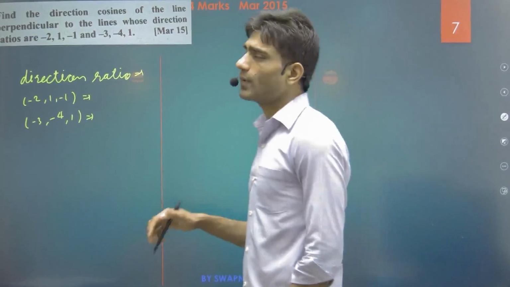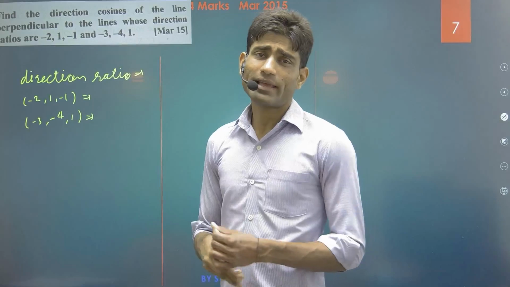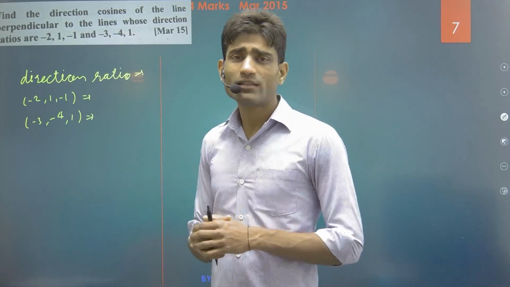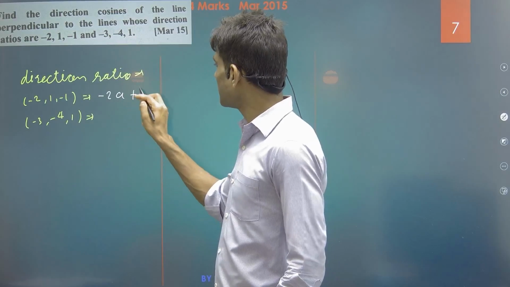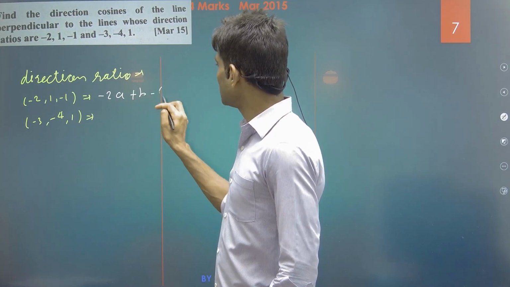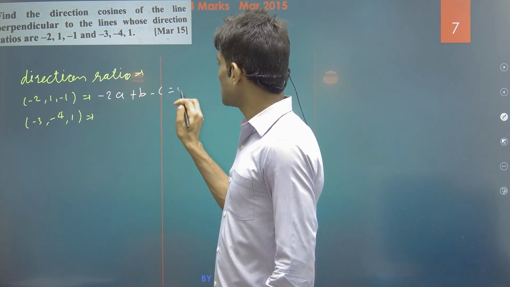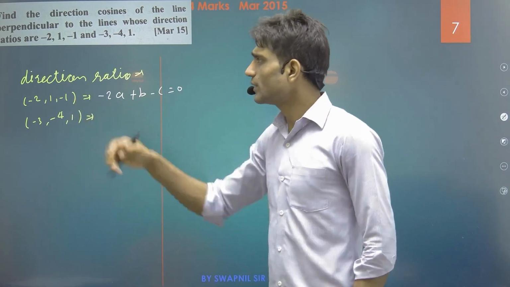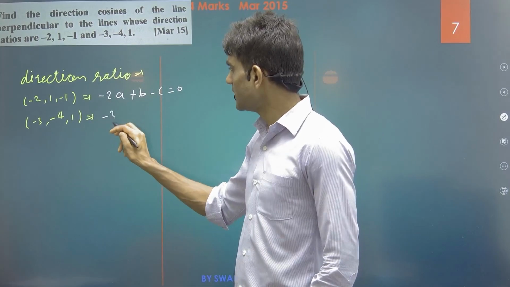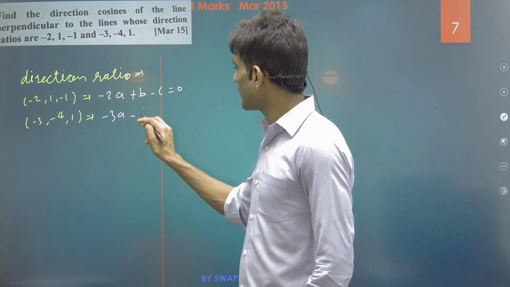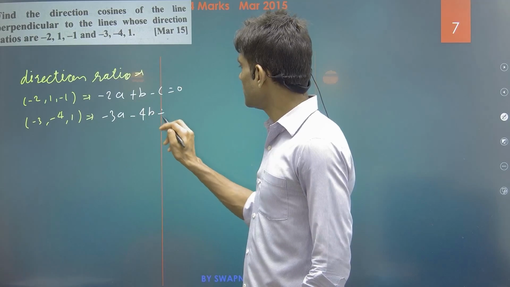Now introduce another variable like A, B, C, which is helpful for finding the direction ratios. So we can write minus 2 times A plus B minus C equal to 0, which is our first equation using the first direction ratio. Using the second direction ratio, minus 3 times A minus 4 times B plus C equal to 0.